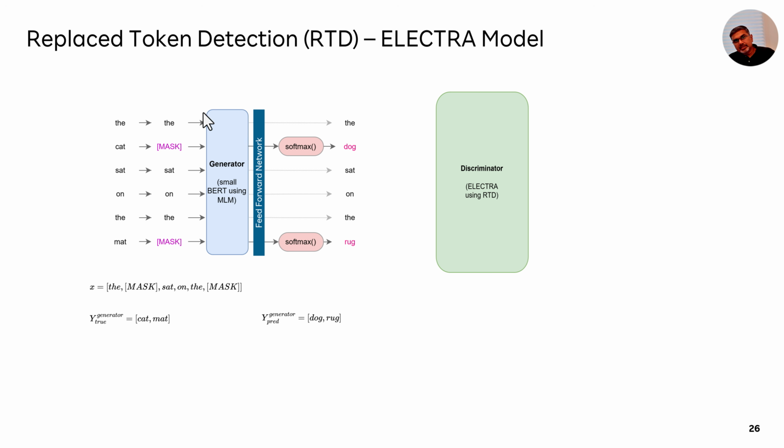The one big difference is that this generator is actually a small encoder-only transformer. What is a small encoder-only transformer? Remember that in an encoder-only transformer, you have multiple encoder blocks, and you can decrease the total number of blocks so that you take out a lot of those weights and make it much shallower in terms of depth. You can also decrease the total number of dimensions for each of those words.